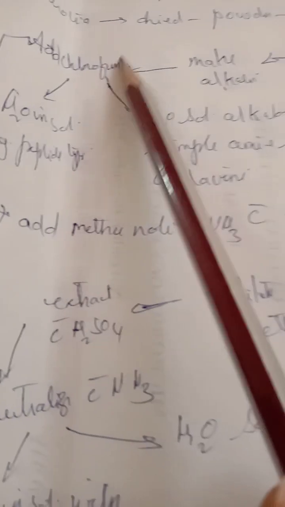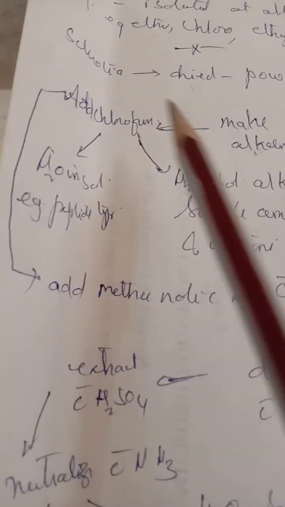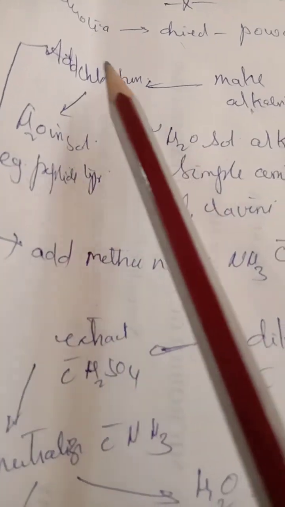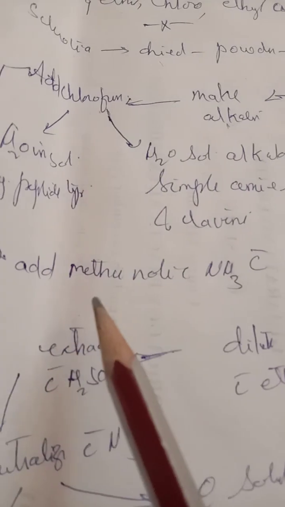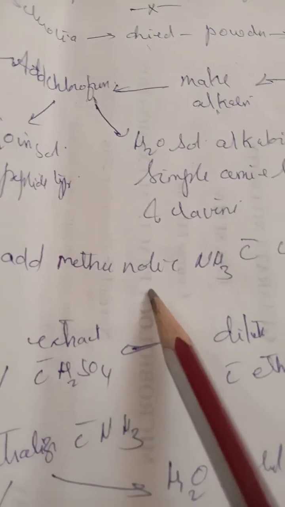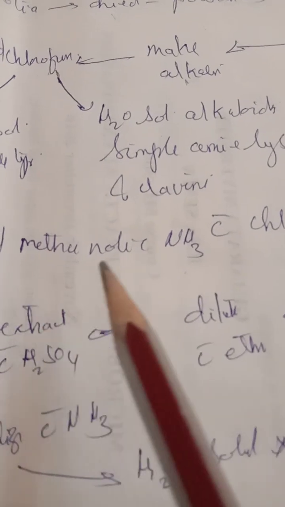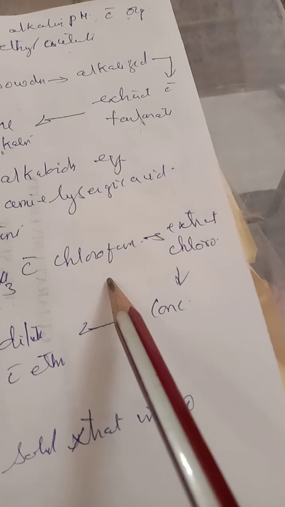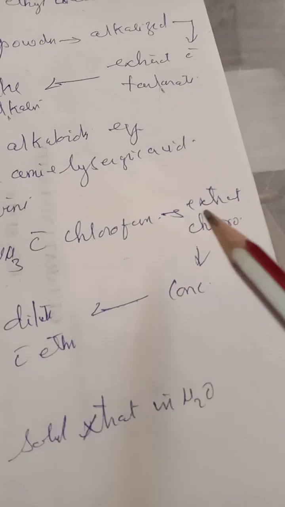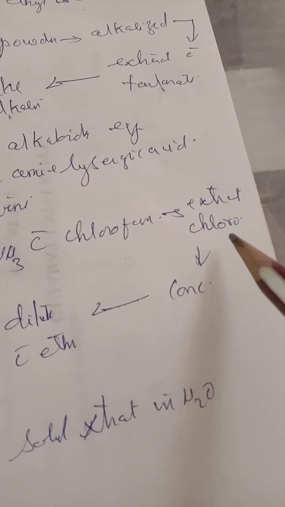Now, after making it alkaline, you have added chloroform. Along with chloroform, if you add methanolic ammonia, then the alkaloids will be extracted into the chloroform.